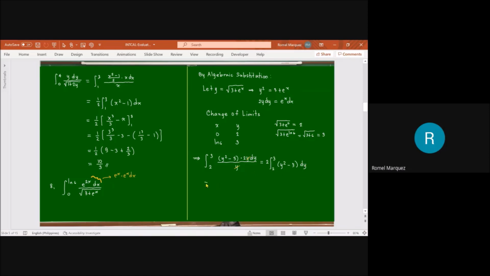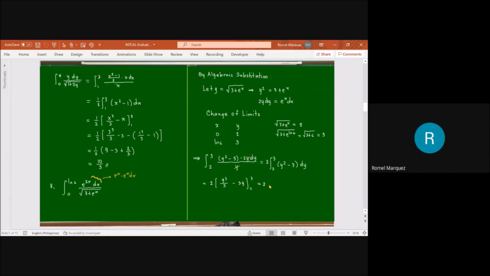And what is the indefinite integral of this? Y squared minus 3 quantity dy, y cubed over 3 minus 3y. But remember, we have the multiplier 2 outside. Evaluated from 2 to 3.